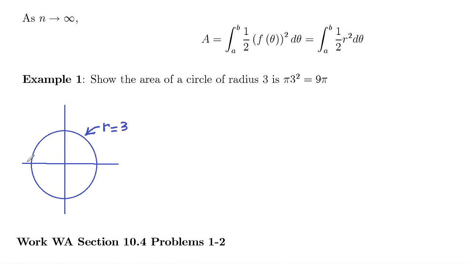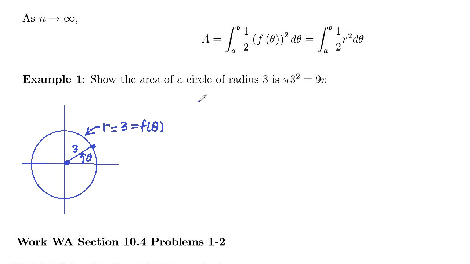So for any theta that we pick along here, the radius, which looks like this, is always going to be equal to 3. And that's for any theta in here. So no matter what your angle is, r equals 3. That's our f of theta.